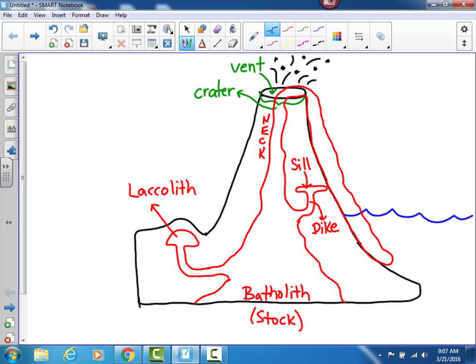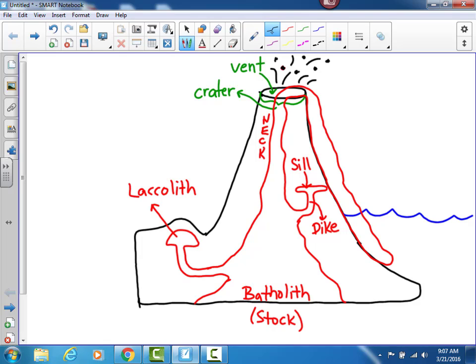We talked about ash and how fine of particles it is. We talked about that also being called lapilli. We talked about the larger pieces being called bombs and blocks. So depending on the size of the pieces, that tells you what kind of tephra you've got.